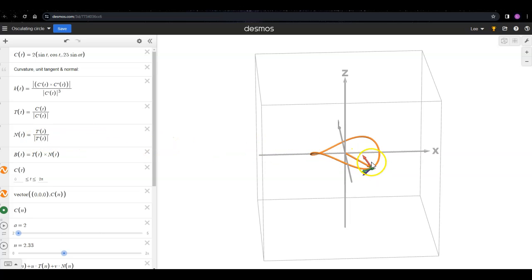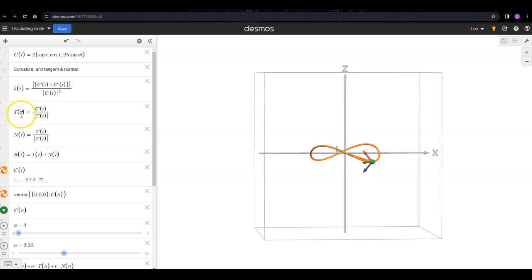So kind of like acceleration, but not really, because we're losing the length of that and just having direction. So that's what we're looking at: T is C prime over the magnitude, N is T prime over the magnitude, and then the binormal vector is going to be T cross N. So tangent cross normal gives us this binormal vector, which is in purple down here.